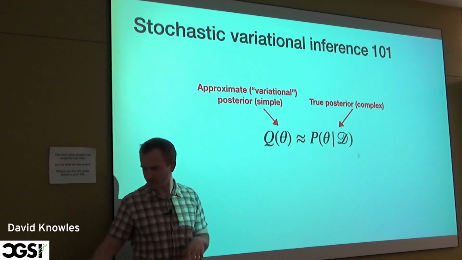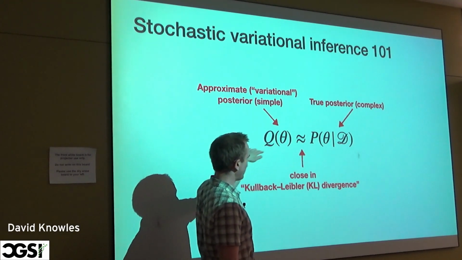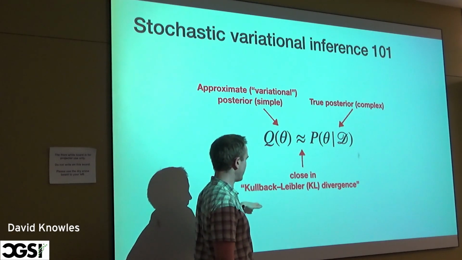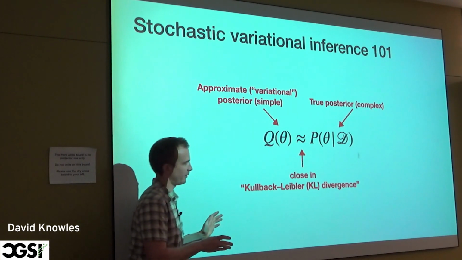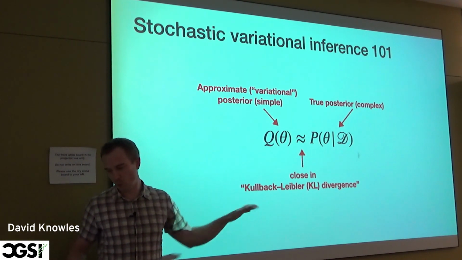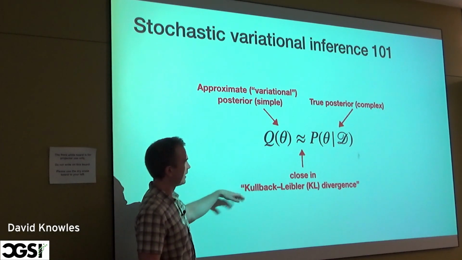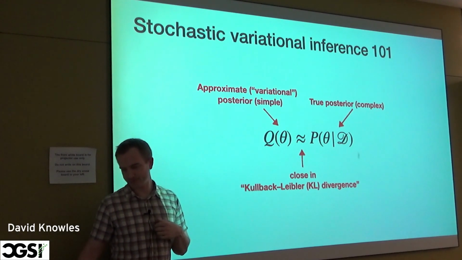It's going to be simpler. And the sense in which SVI tries to make these two things close is a divergence metric called the Kullback-Leibler divergence. It doesn't really matter from the point of view of this talk, the exact mathematical definition of this thing. There are other options that Pyro supports as well, but this is definitely the most widely used.